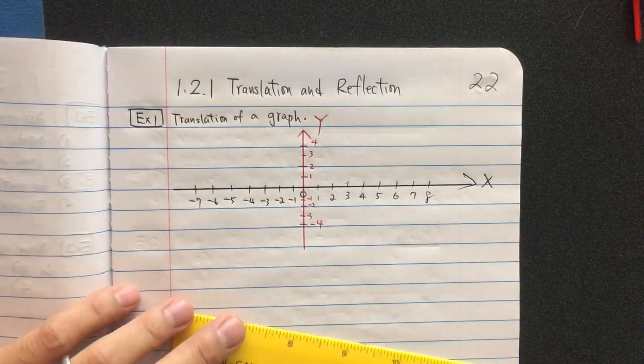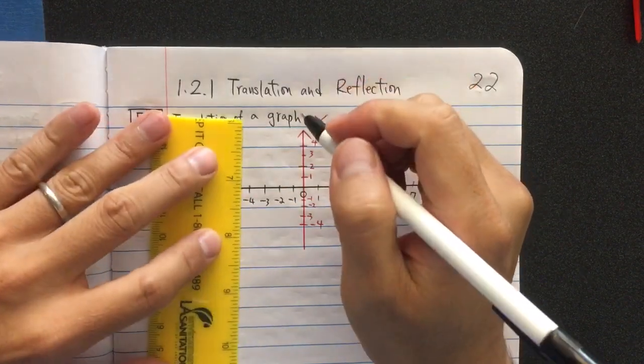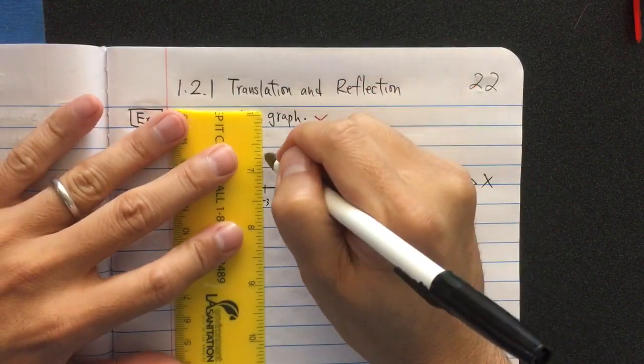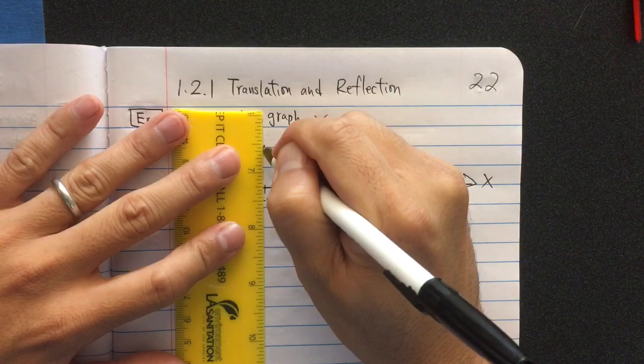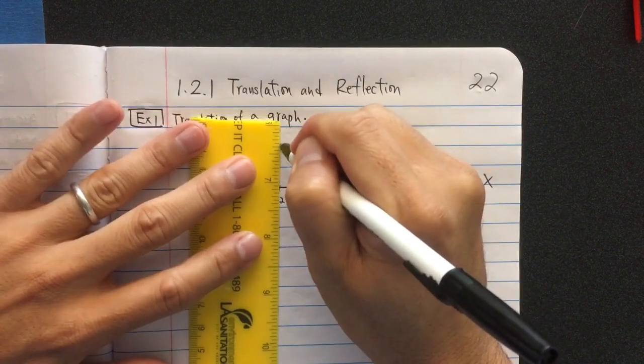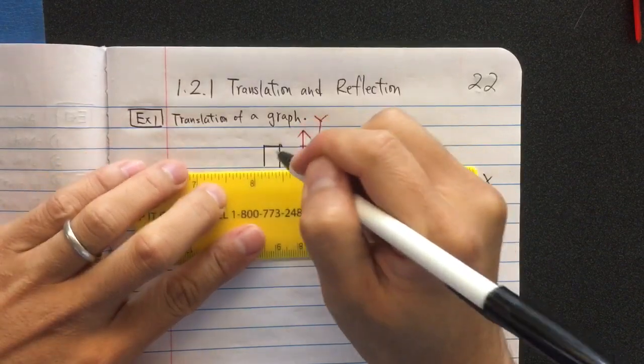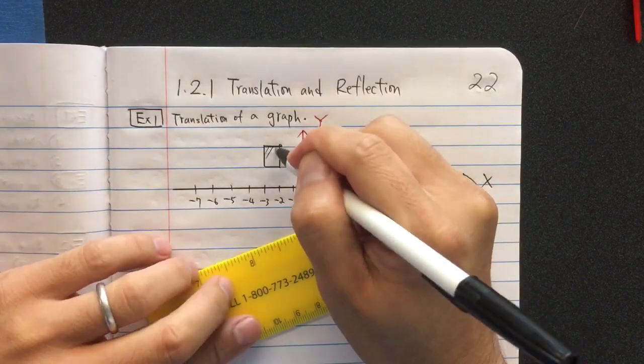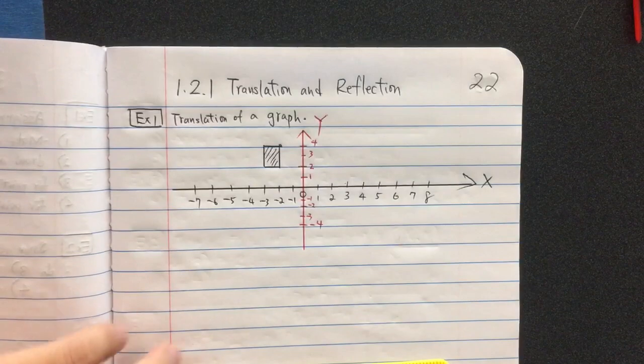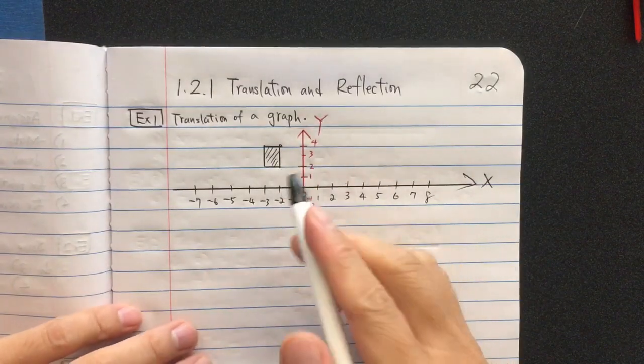Okay, so now there's a graph here, with points like 3 and 2.